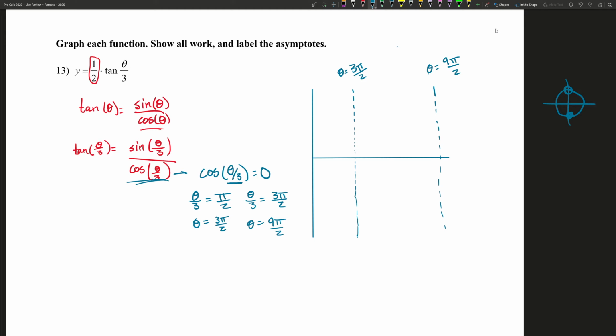And then the tangent function is kind of an S-like curve through the middle and up toward the asymptotes, right? So we have the two asymptotes, and then we just need this point. This point is halfway between, and this is 0 because there's no shift, right? So halfway between 3 pi over 2 and 9 pi over 2 is 6 pi over 2. So that point is 6 pi over 2 comma 0.